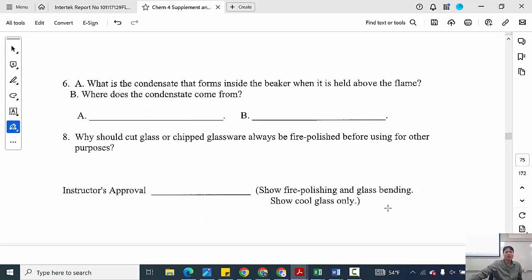What is the condensate that forms inside the beaker when it is held above the flame? Water? Do you guys remember this? Water is correct.